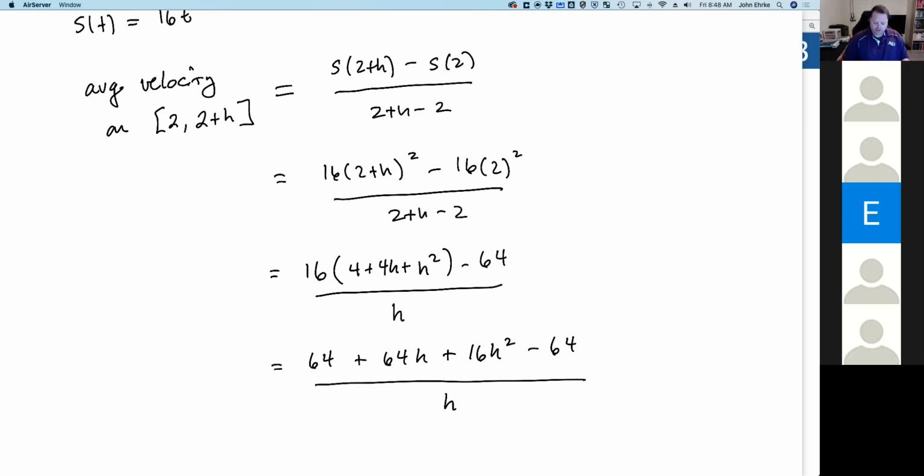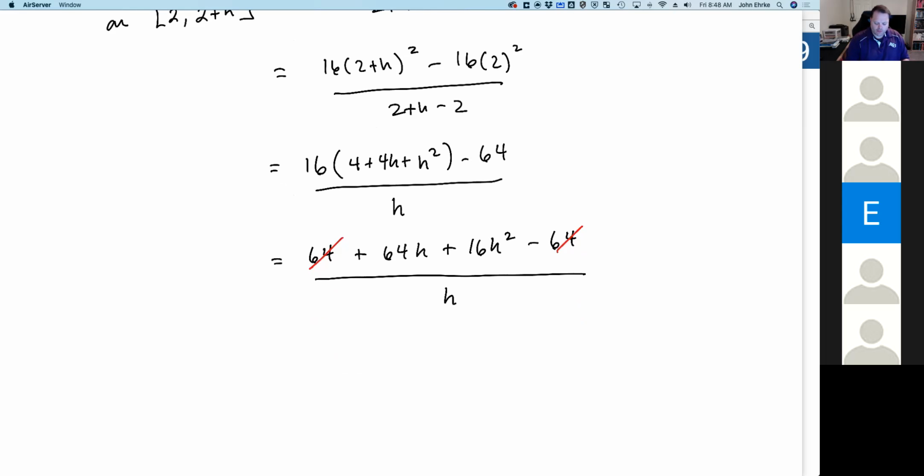And what you notice is the 64s cancel. From there, we have 64h plus 16h squared over h. All of the terms in the numerator have an h, so I can cancel one h from the entire problem, leaving me with 64 plus 16h.